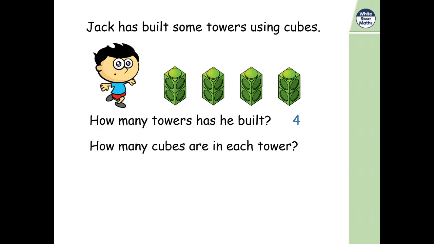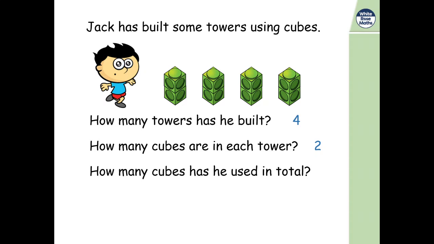That's 2. So we've got 4 equal groups of 2. How many in total? That's 8: 2, 4, 6, 8. So we can write that as a multiplication. 4 groups of 2 equals 8, or 4 times 2 equals 8.